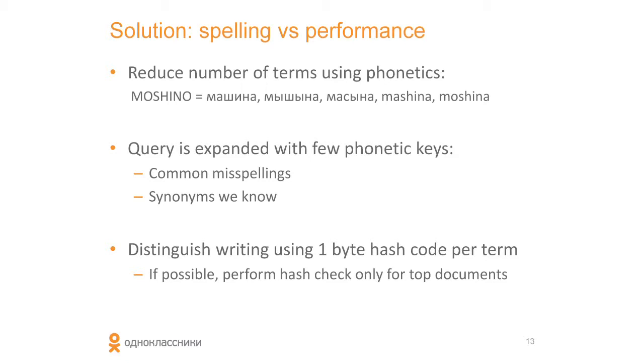This greatly reduces the number of terms we have to index and add to the query as a result. Of course, we get this phonetic key, and then we add some spelling correction using Levenshtein, and some synonyms if we know them. So we try to fix some problems using synonyms.